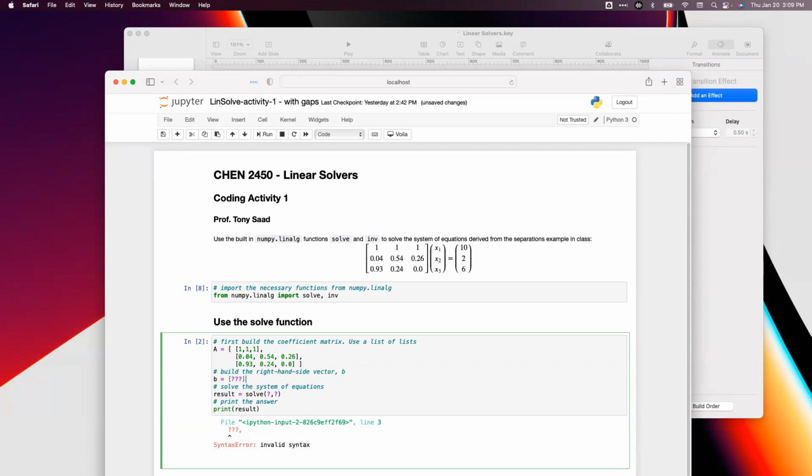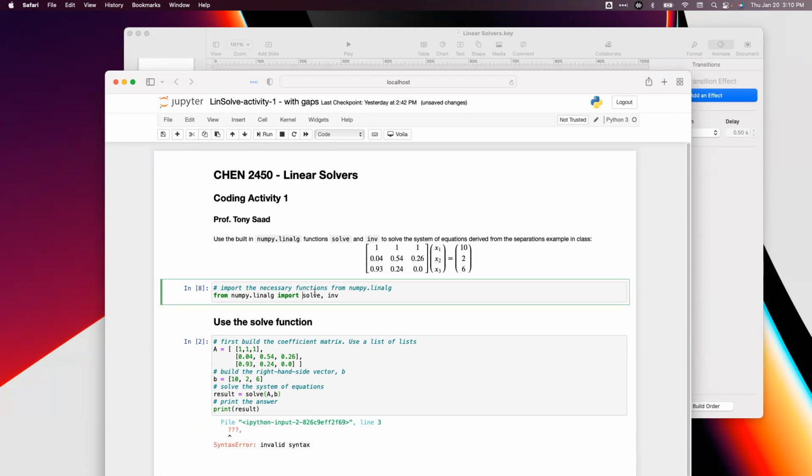And for the right-hand side, we have 10, 2, and 6. Solve A, comma B.